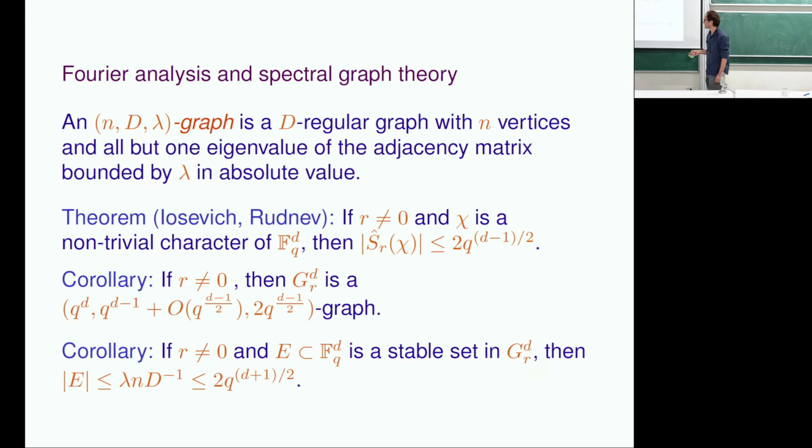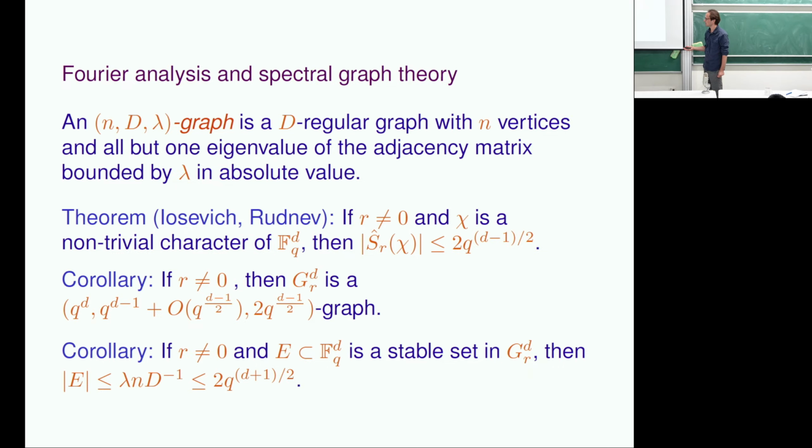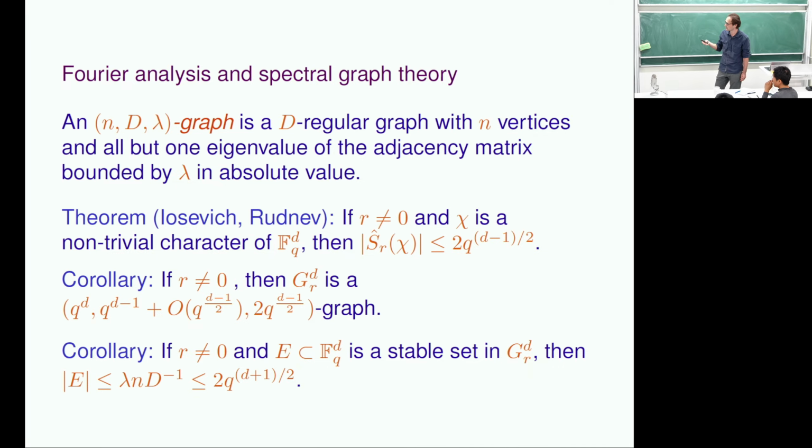So it's a standard, well-known thing that we can bound the size of the largest stable set in the distance graph. This shows that if you have a stable set in this r distance graph, then the size has to be at most 2 times q to the (d plus 1) over 2. That's equivalent to saying that if you have more than q to the d plus 2 times q to the (d plus 1) over 2 points, you have to determine every single distance.